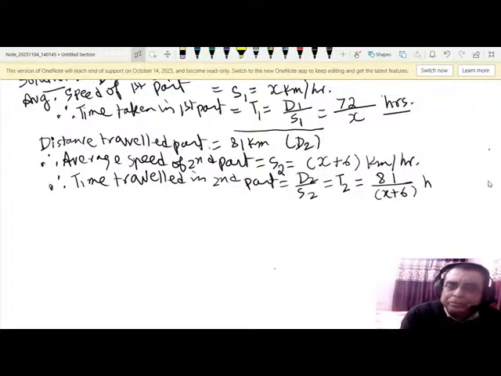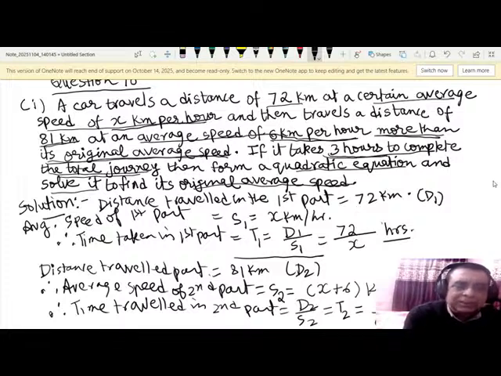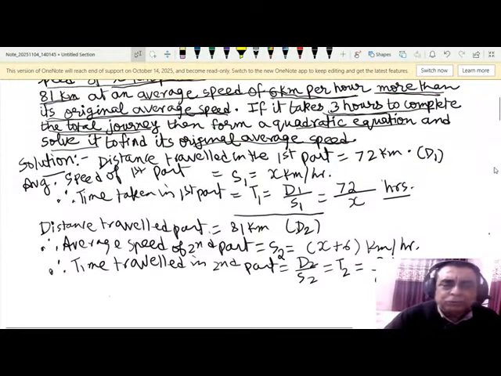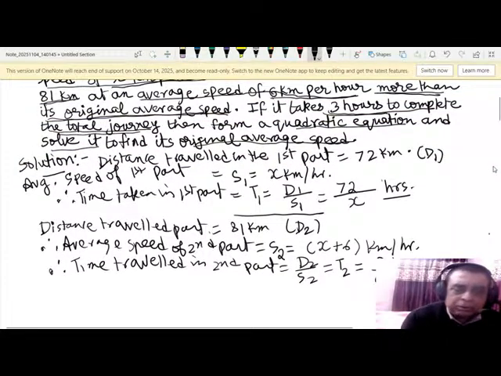It is 81 upon x plus 6 hours. Now we are told in the question that it takes 3 hours to complete the total journey. That is, the total time taken in the first part as well as in the second part is 3 hours.